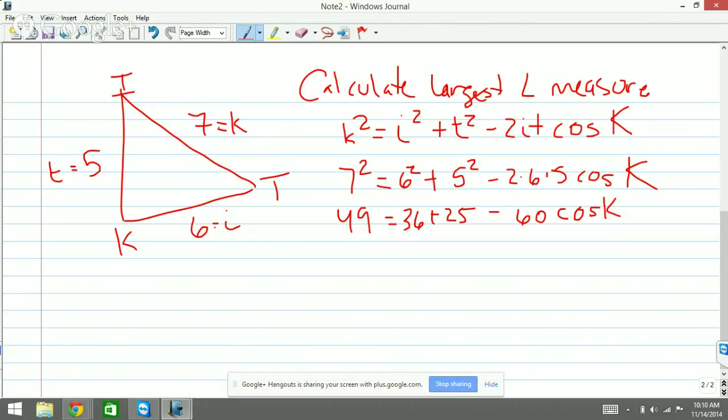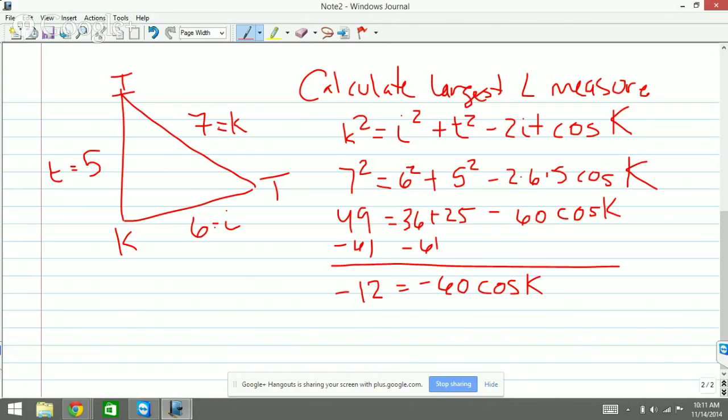Now subtract 61 from both sides. Is my subtraction correct? Okay. Now divide by negative 60. Yeah, 1/5.